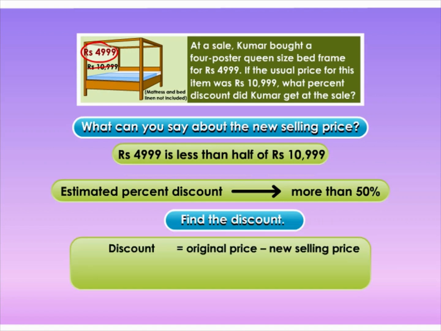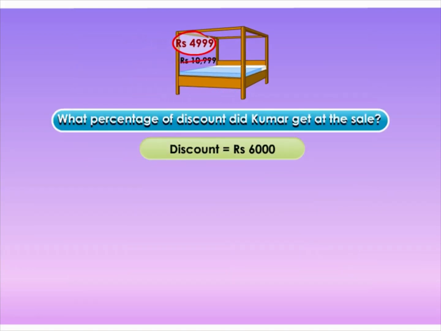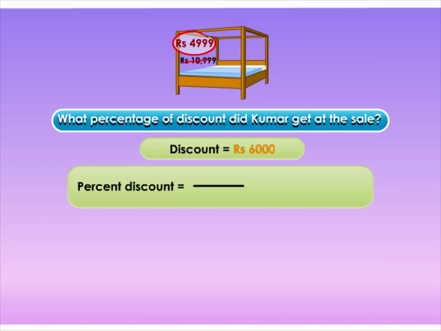Yes, subtract the new selling price from the original price. 10,999 rupees minus 4,999 rupees is 6,000 rupees. What do we do next? We can now express the discount as a percentage. We divide the discount with the original price and multiply by 100%.